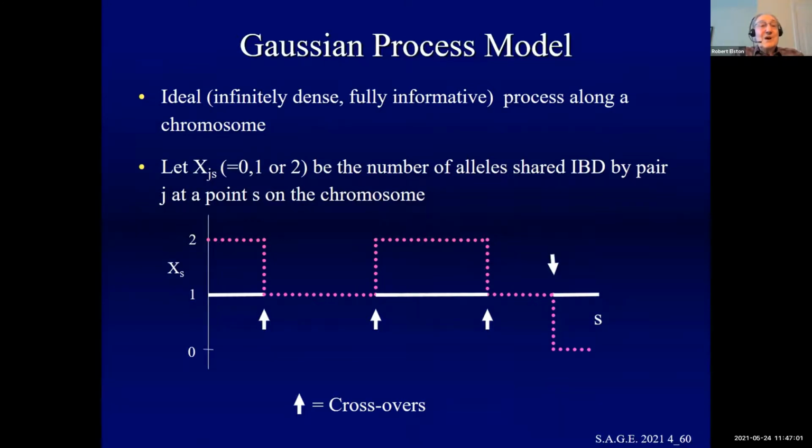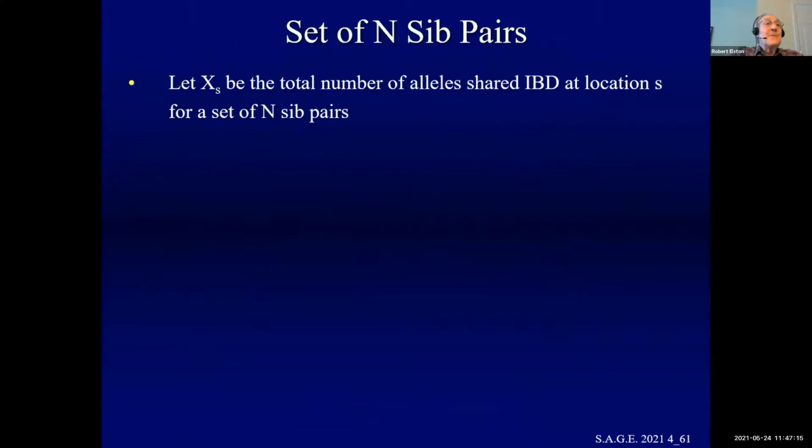Google wants too much. So you have where the arrows are crossing over, and you can see this thing fluctuates about 1. Sometimes it's 2, sometimes 1, sometimes 0. So look at a set of N sib pairs.